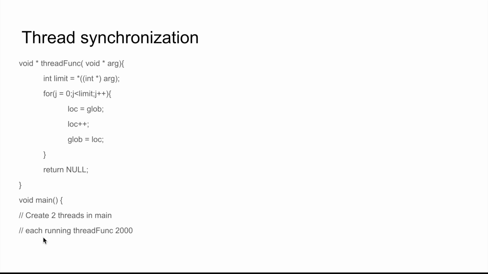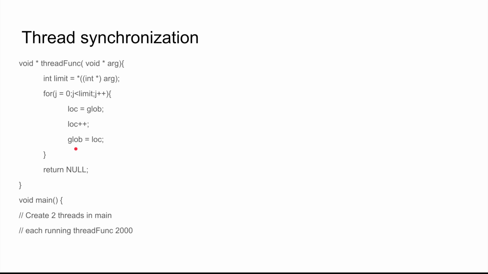Although I have not added pthread_create APIs in the main, let's assume we create two threads in the main function and each of the threads runs the thread function 2000 times. Since both the threads try to update the global variable without any synchronization, there are chances that the output produced by this program is not correct.